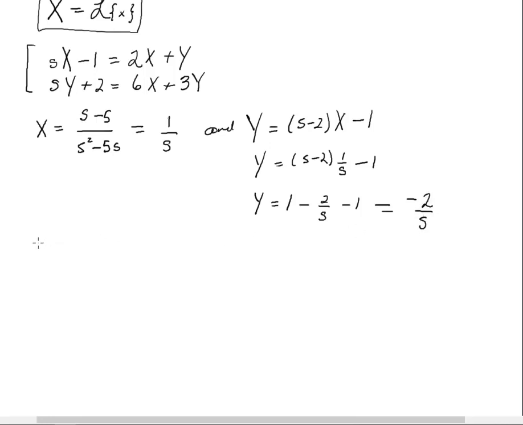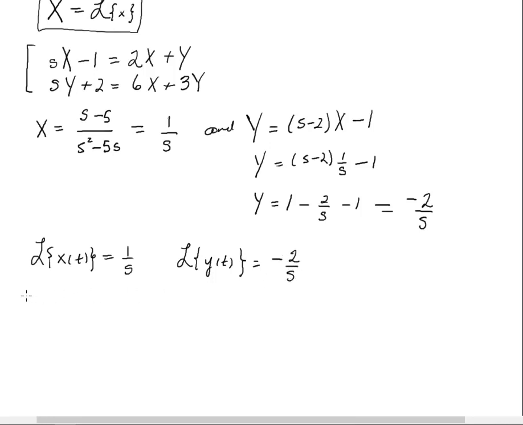So putting these things together, we've got the Laplace of x of t is equal to 1 over s, and we've got the Laplace of y of t is equal to negative 2 over s.